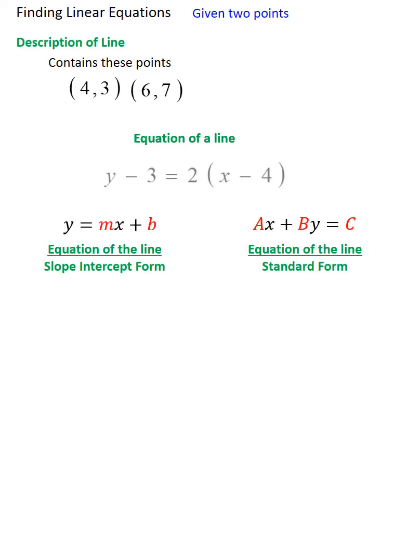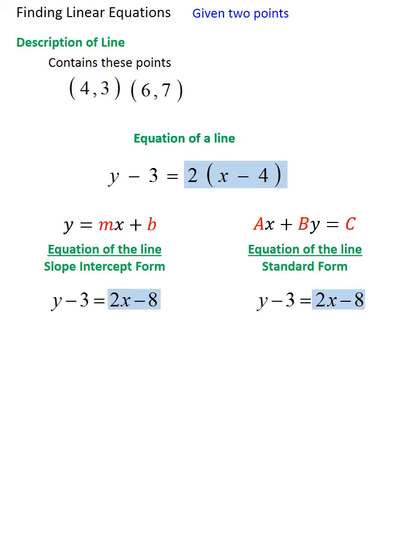Okay. First thing that I would do to my equation to get it into these forms is distribute the 2 on the right just to make the work easier. Distributing the 2 is easy. You'll notice I did that here. And once I've done that, I have to pay particular attention to the format that I want. Let's look at the left half of the screen first, where it says y equals mx plus b.